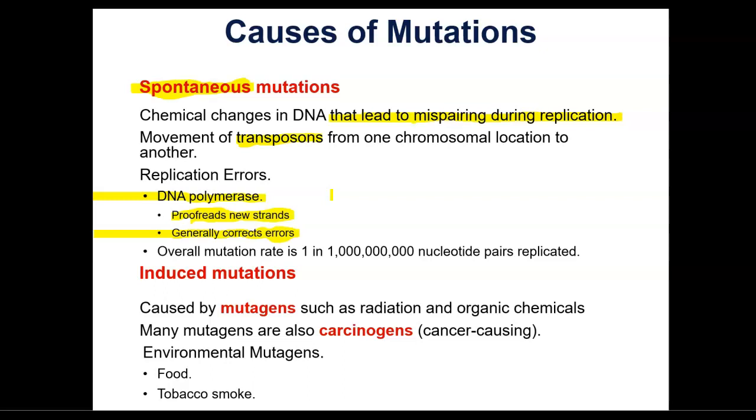But anyway, because of that, instead of there being a mutation in one of every 100,000, the overall mutation rate is actually 1 in every billion nucleotide base pairs. And that is because of the fact that DNA polymerase can proofread and correct errors.